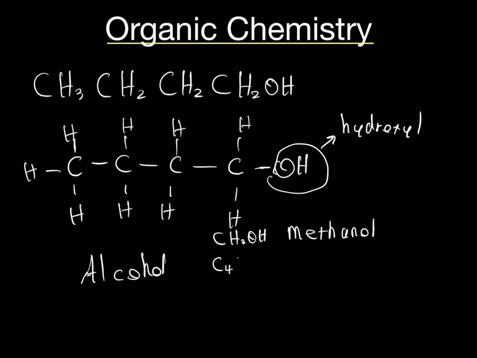Let's see how many hydrogens we have. That should be 9. We're going to have butane was the prefix, and then the suffix is going to be A-N-O-L. So this is called butanol.